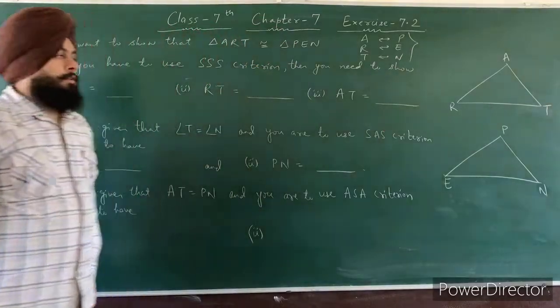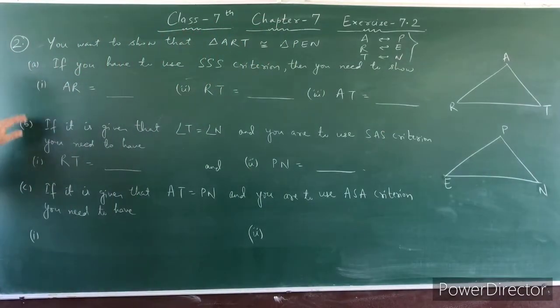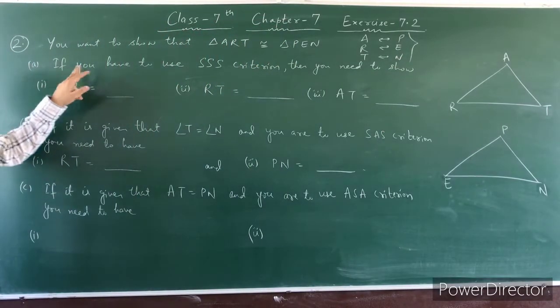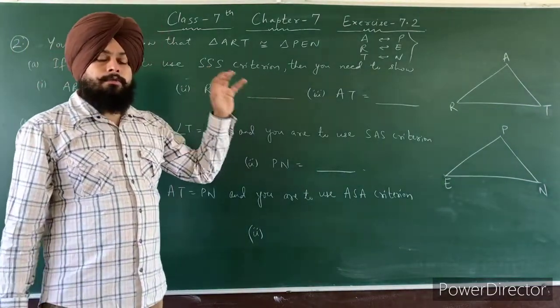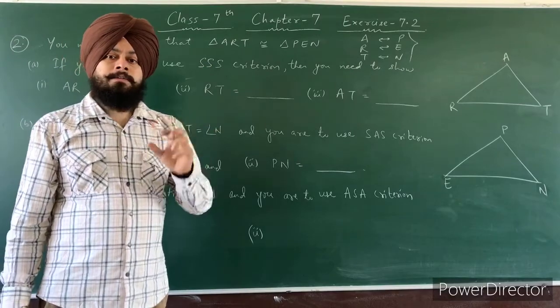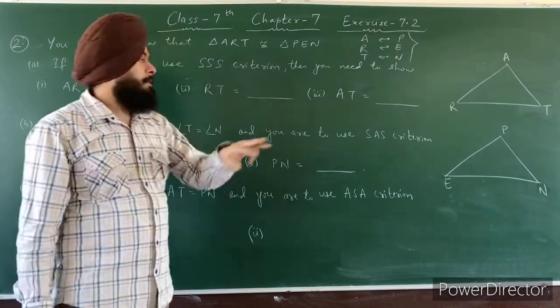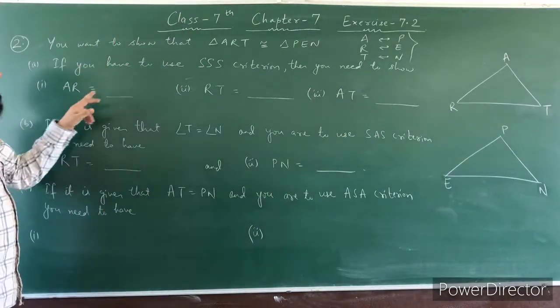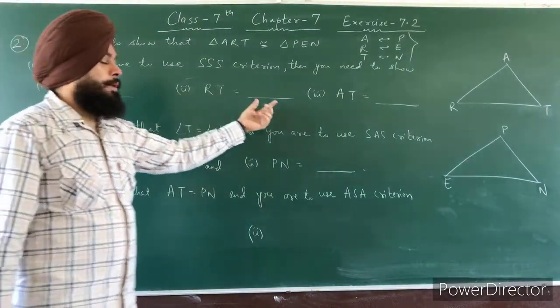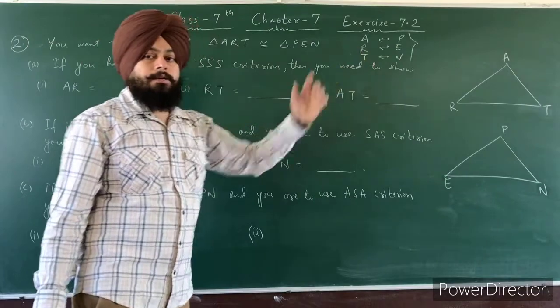Alright. So there are three parts A, B and C. In the first, if you have to use SSS criterion, it means all the three sides. Then you need to show AR is equal to dash, RT is equal to dash and AT is equal to dash.